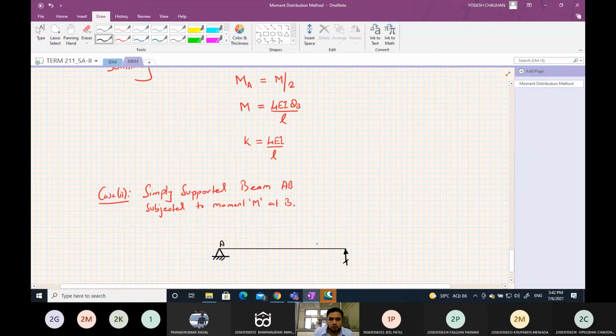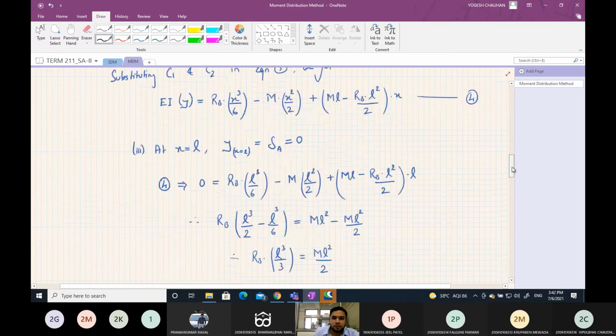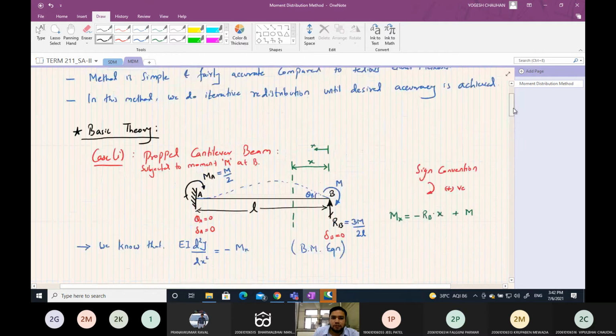A, this is B. So this is the case when the far end is simple, and this was the case when the far end is fixed.